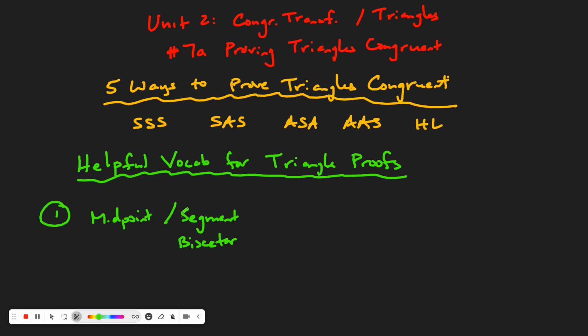In a picture, how do we identify what a midpoint does? If I have a segment, we'll call it AB, and a point that looks like it's in the middle, M, that does not mean M is a midpoint. M is not a midpoint until they tell you. If they tell you M is a midpoint, then you know it breaks the segment into 2 congruent segments.